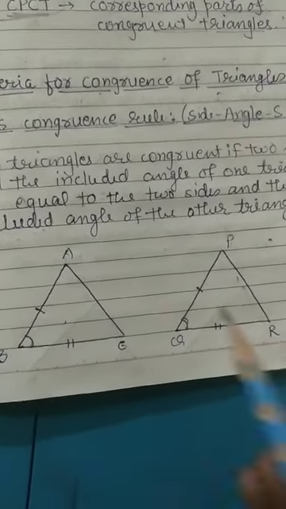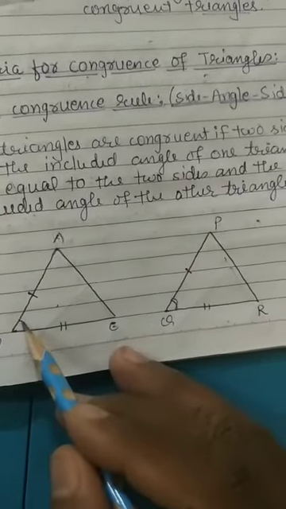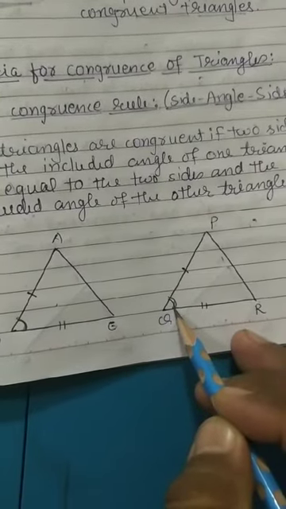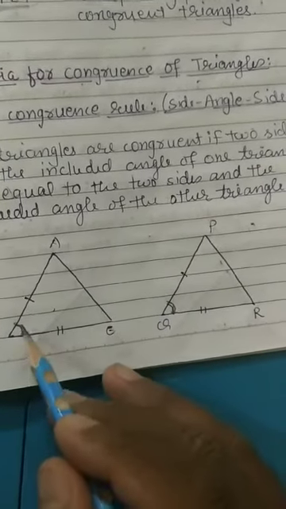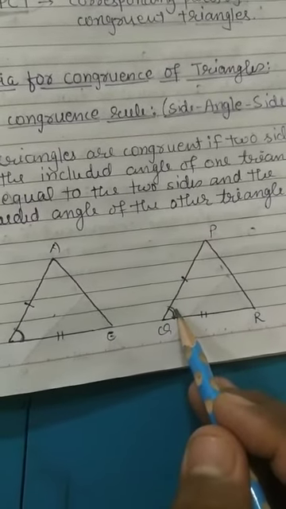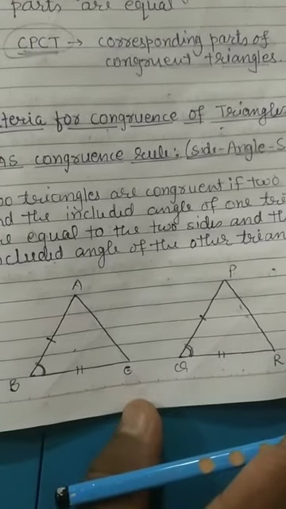These two sides are equal with these two sides and the included angle is there, right? Not the other angle, the included angle between the two sides is equal. So both the triangles are said to be congruent, right? This is the SAS congruence rule.